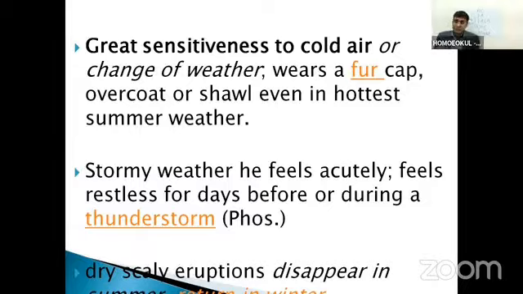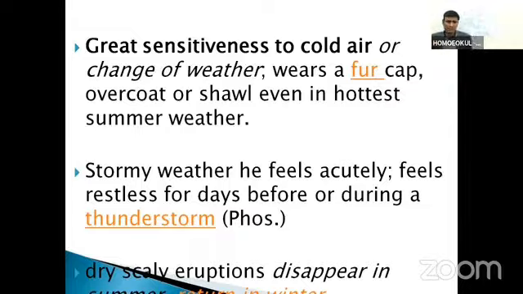Again, from the MCQ point of view, if you have Kent's Repertory, chapter Mind, there is one rubric. The rubric is fur wrap. There is a single medicine. There again, very important for MCQ. The single medicine is Hyoscyamus, not Psorinum, not Hepar sulph.